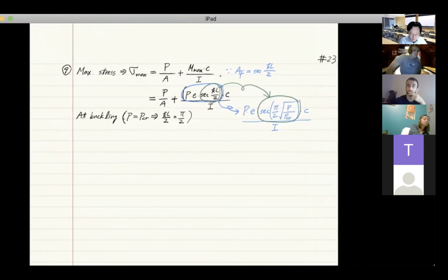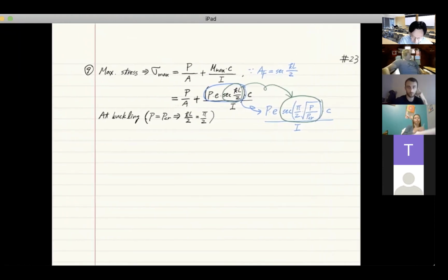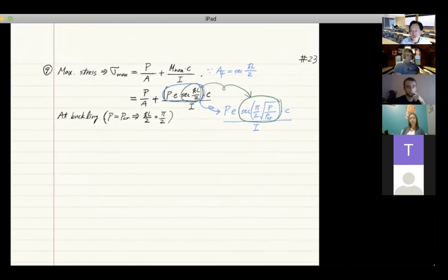So let's come back to here. How do we get this? How do we know k over 2 can be written as pi over 2 over PCR over EI? You can actually try to derive it by plugging the expression of PCR into this expression here.